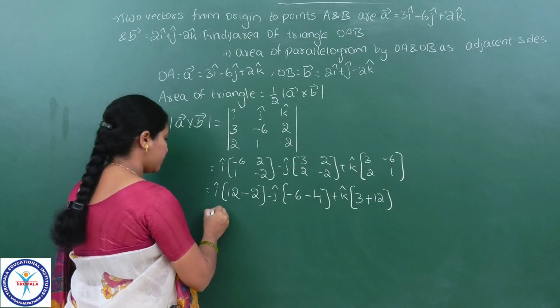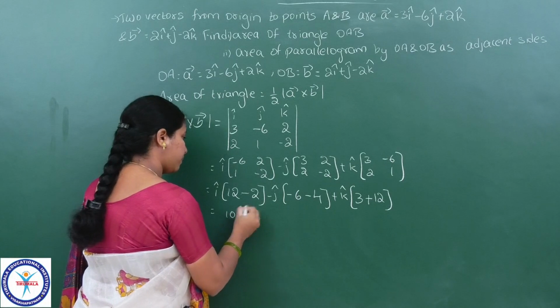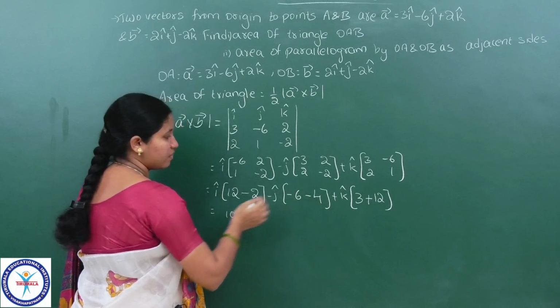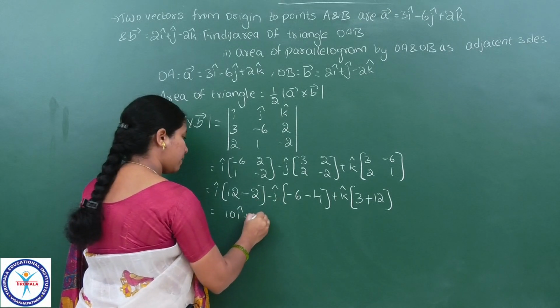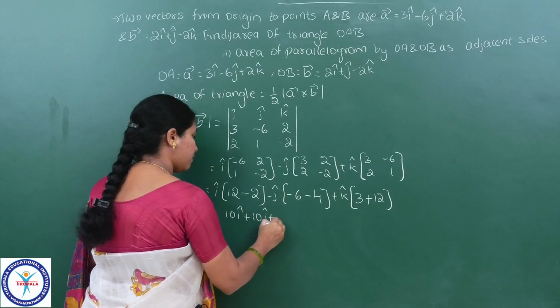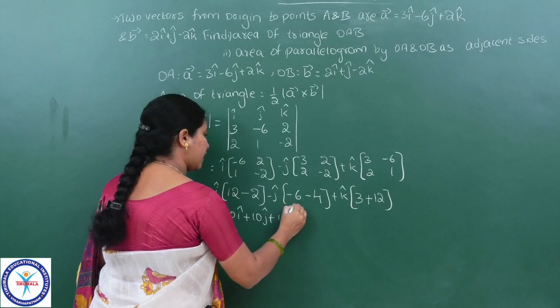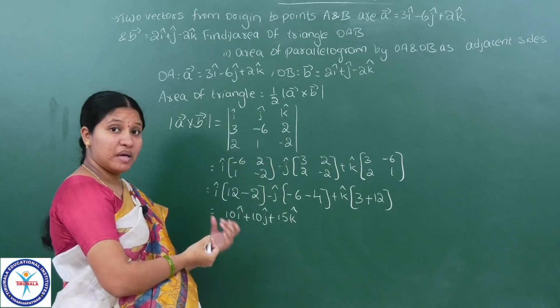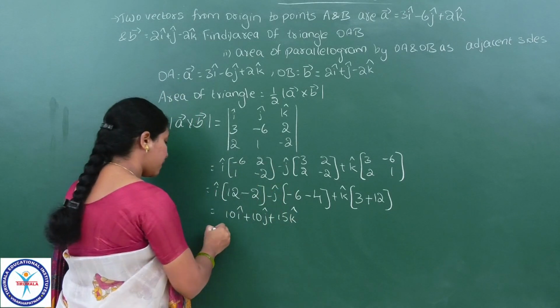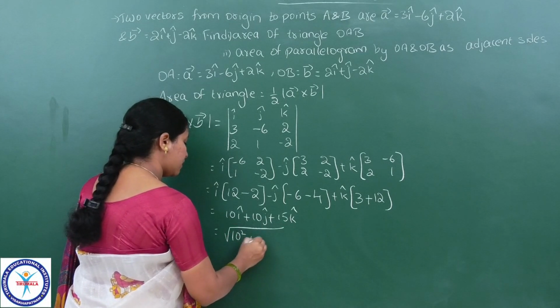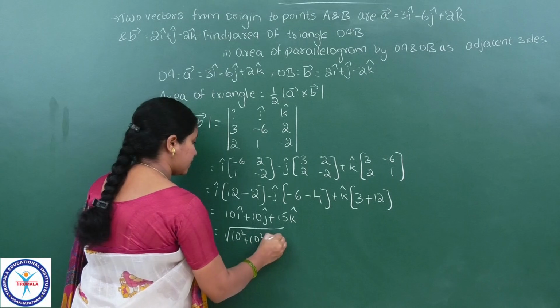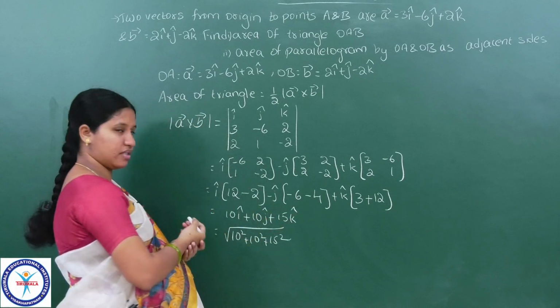So from this we get 10 i cap, and minus 6 minus 4 gives us minus 10, minus into minus, plus 10 j cap plus 15 k cap. This is a bar cross b bar. We need to find magnitude. So 10 square plus 10 square plus 15 square.